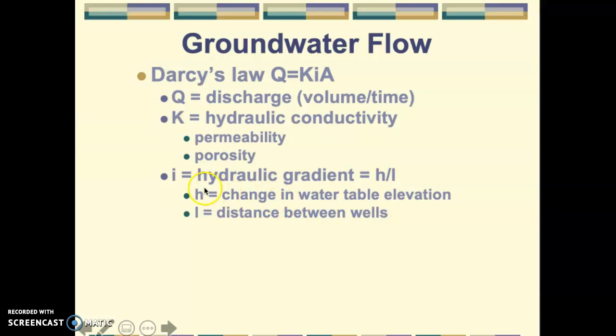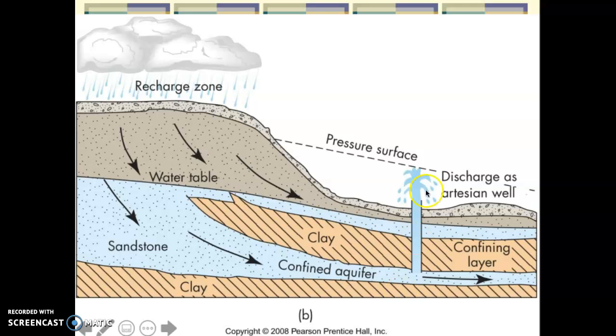So if we look at the difference in that pressure surface over a certain distance on the land, so if we go from, say, here to here, you can see the pressure surface has a slope. That tells us two things. It tells us the direction of groundwater flow and the speed.